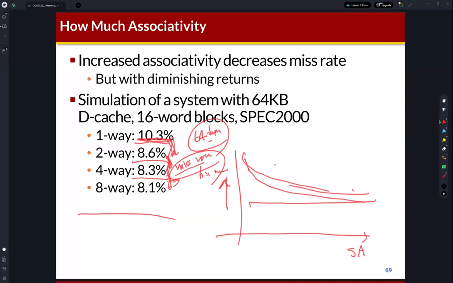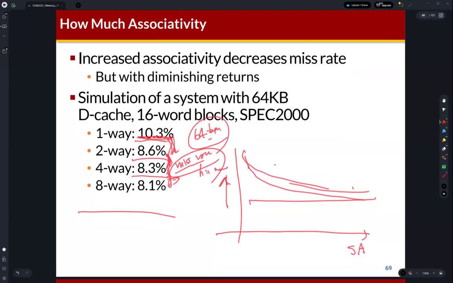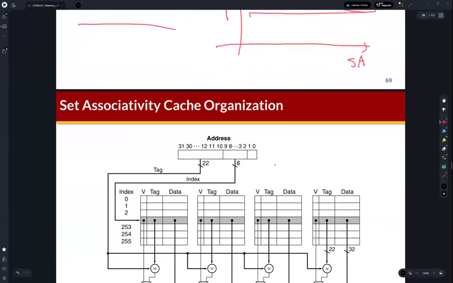Then you can find that the Intel CPUs or the AMD CPUs do not use fully associative cache, because using 8-way or 16-way set associative caches, we can achieve similar performance, right? So that's why we do not use the fully associative cache.